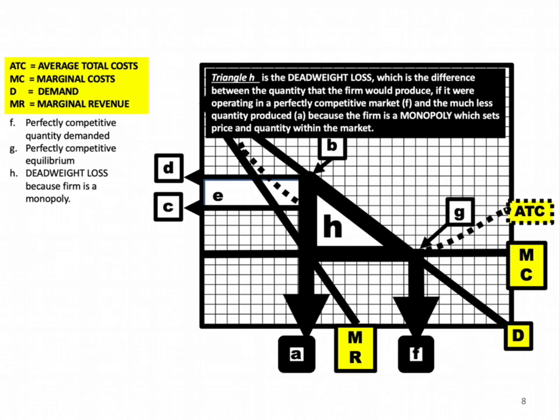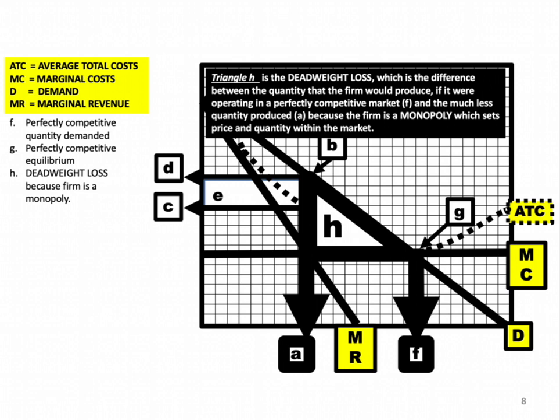Okay? So we saw that if we compare how a monopoly operates with how the same market would be in a perfectly competitive market, there would be less produced in the monopoly and the price would be significantly higher.